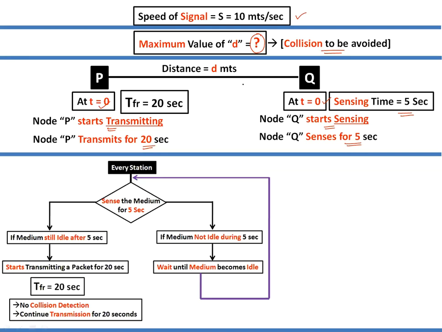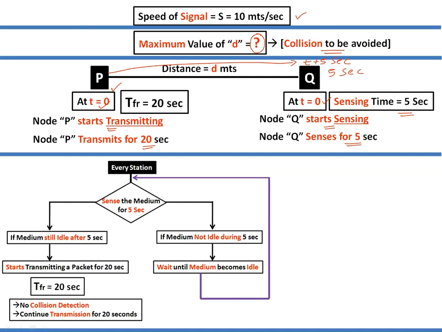Simple, guys. Anyhow, you will be sensing for 5 seconds. At t equal to 0, I started, so you will sense for t plus 5 seconds. By the time, if you get my voice, then you won't speak, yes or no?